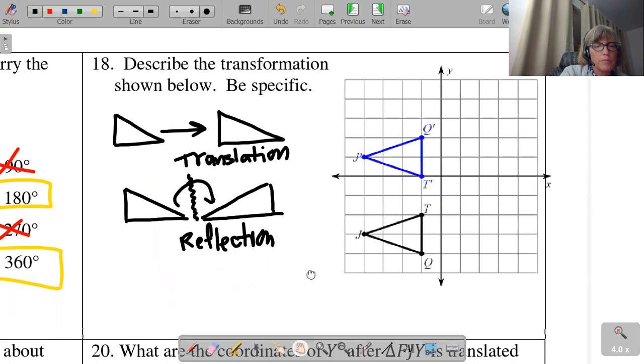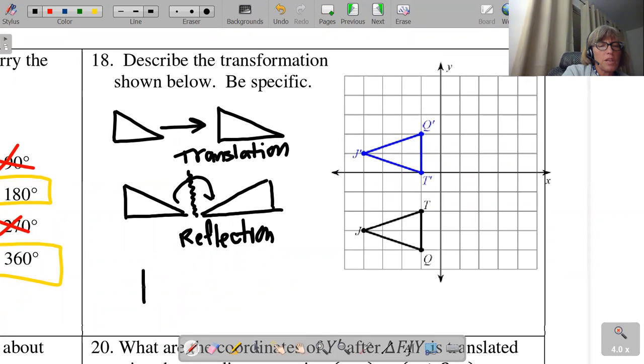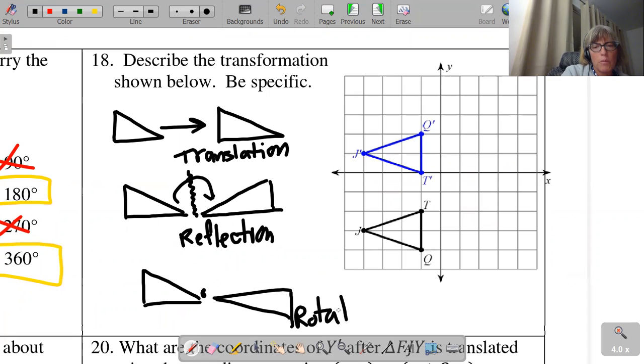And if you take an image and rotate it, imagine a pivot there, you have a rotation. So translation is a slide, reflection's a mirrored image, and a rotation.